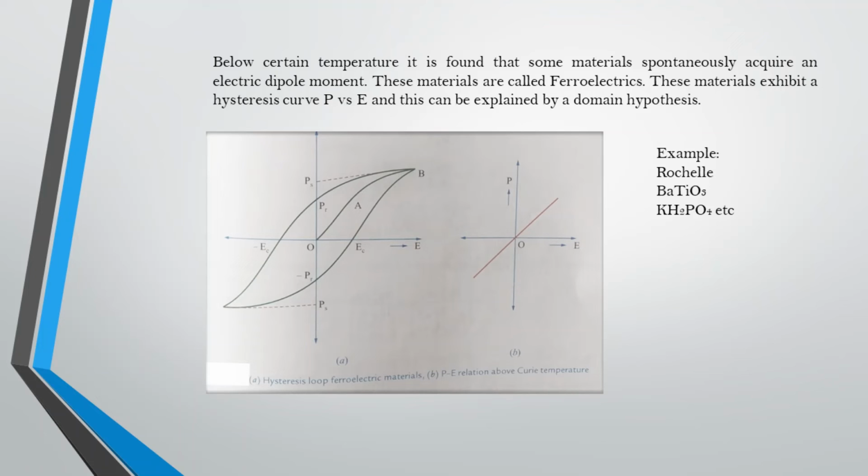At E equal to 0 there will be some remaining polarization, and the polarization becomes 0 at some negative value of E. If we keep decreasing in the negative direction, negative saturation will occur.